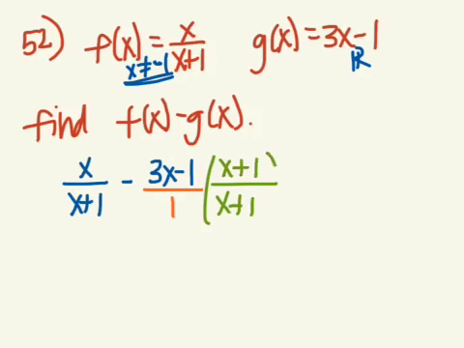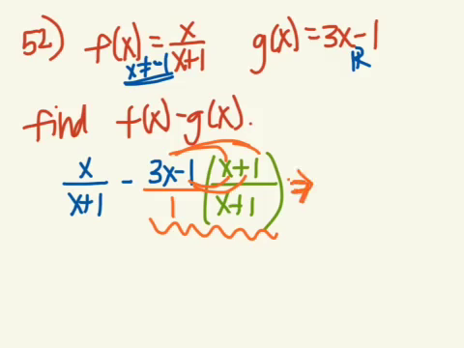Whatever you do to the numerator, you have to do to the denominator. So I'm going to multiply that out, and we're just FOILing it. So what you end up with, for that fraction, is 3x squared up top, plus 3x minus 1x minus 1.